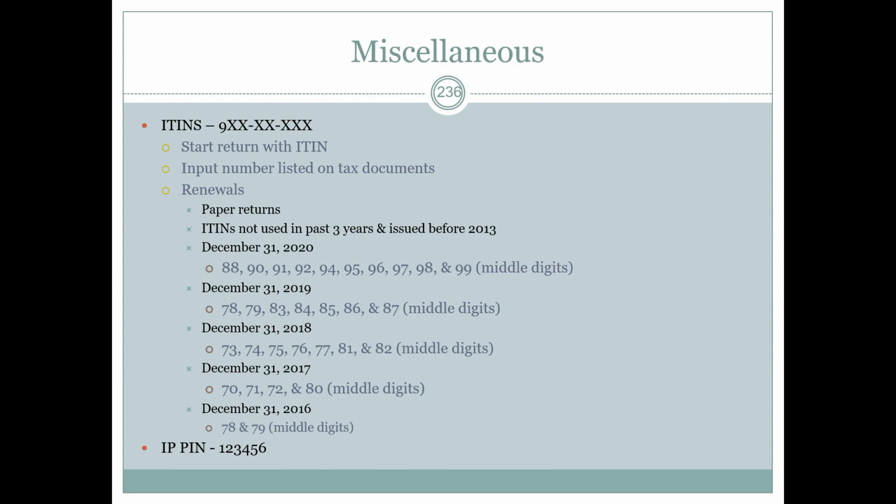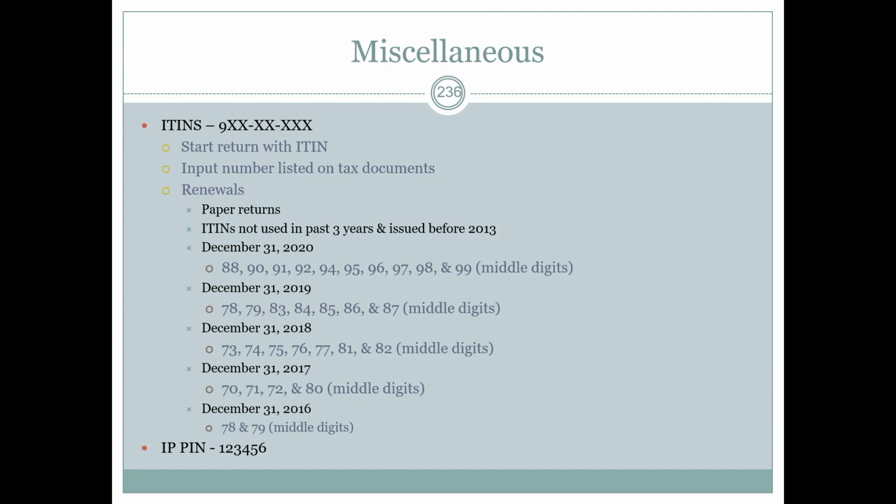ITINs have the same digits and components as a Social Security number, but the difference is that it begins with the number 9. So ITINs are those individuals that we talked about in our Day 1 training when we talked about U.S. residents for filing tax purposes.